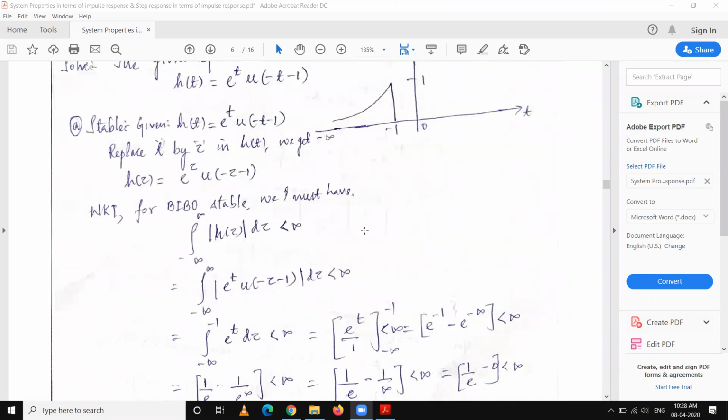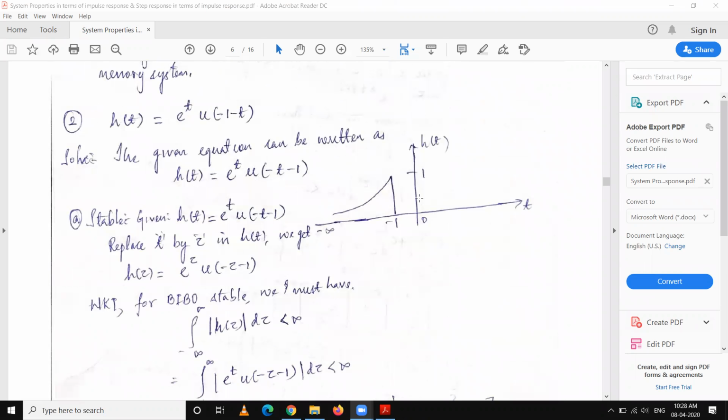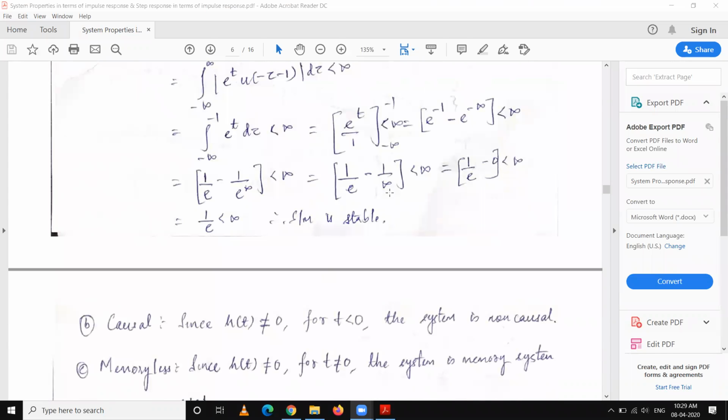Remember that, because the signal should be present only at the origin, but in this case the signal is present when t is not equal to 0, which does not satisfy the memoryless condition. So we can say that the system is a memory system. Okay, so this is the second problem. We'll stop here and continue in the next class.